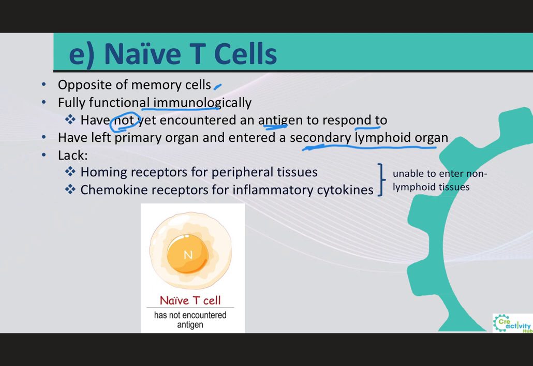So like I said, these naive T cells will concentrate in the secondary lymphoid organs, which include the lymph nodes, the spleen, and the lymphoid nodules. All of these tissues have many features in common, including the following: the presence of what we call a lymphoid follicle, which is the site of formation of lymphocytes, with specific B cell rich and T cell rich areas, which we will cover more when we talk about the lymph nodes.